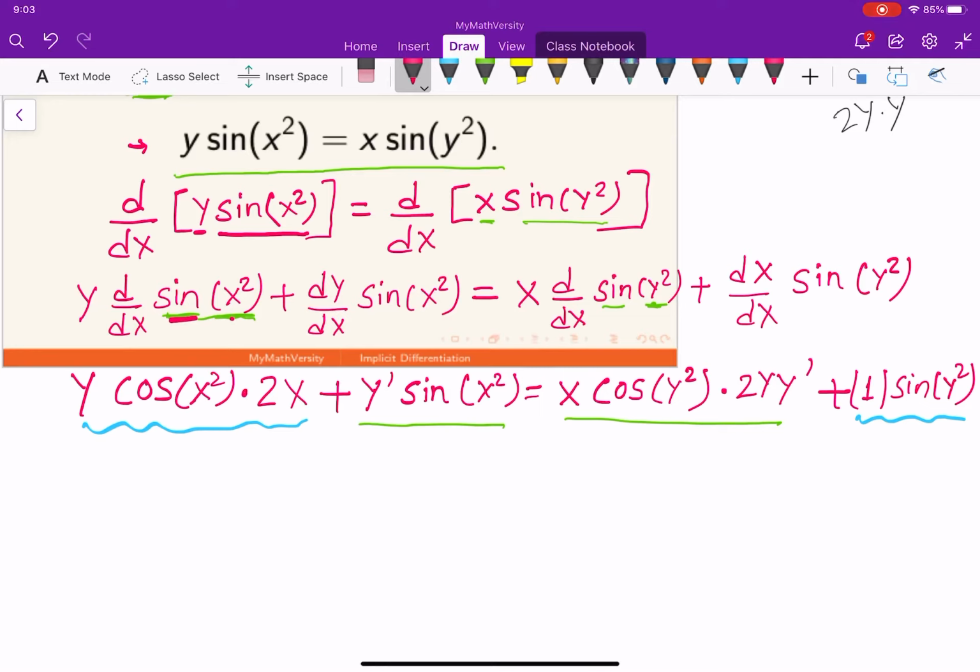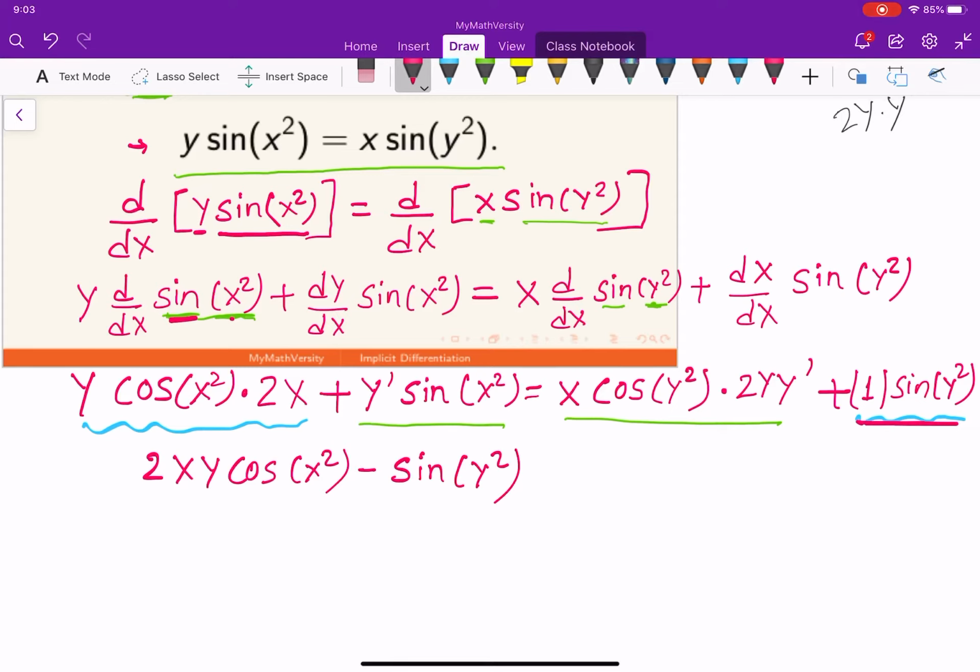If I want to do that, you can see clearly here we have y times cosine of x square right over here, and then times 2x, right? This can be rewritten as 2 times x times y times cosine of x square. Let's have that over here. Since this term doesn't have the y prime, move this to the left hand side. We can do that by subtracting sine of y square on both sides.